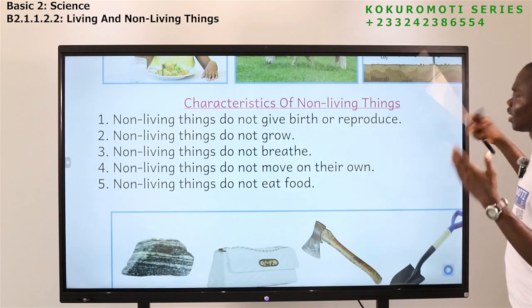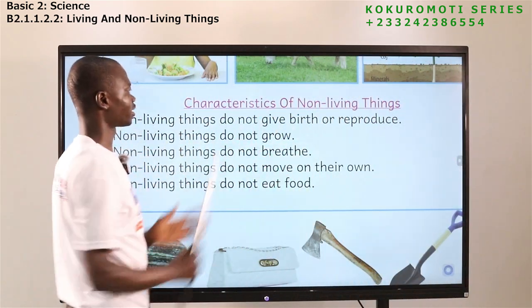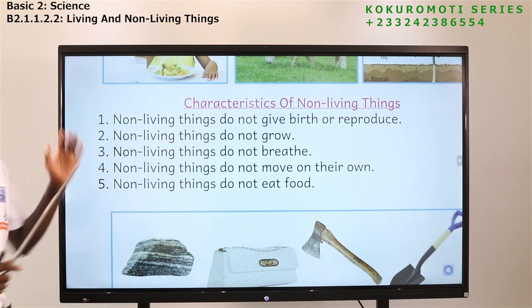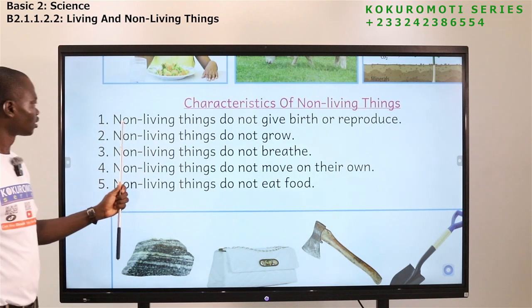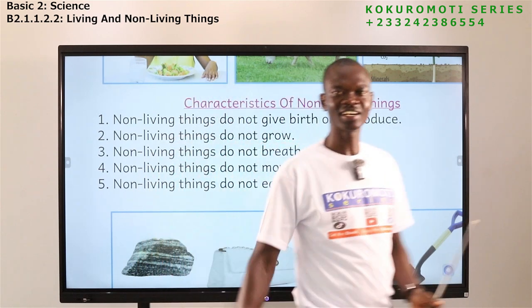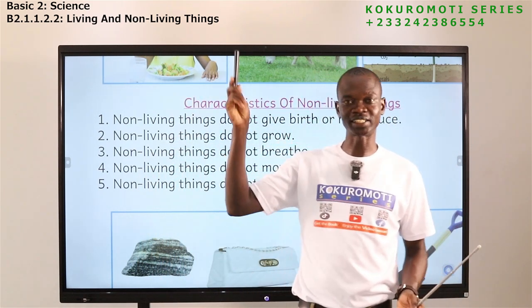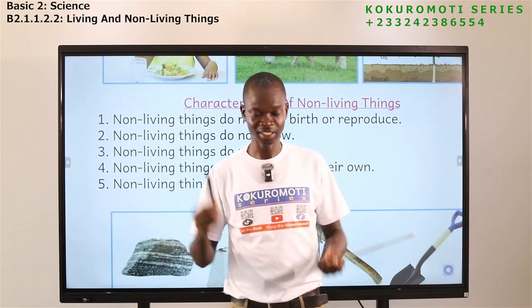What also makes non-living things different from living things? Characteristics of non-living things. Number 1, non-living things do not give birth or reproduce. This cannot give birth. It can't get pregnant and give birth.